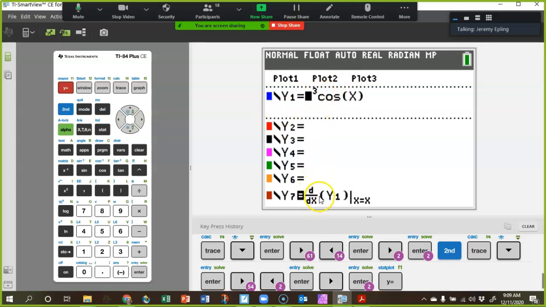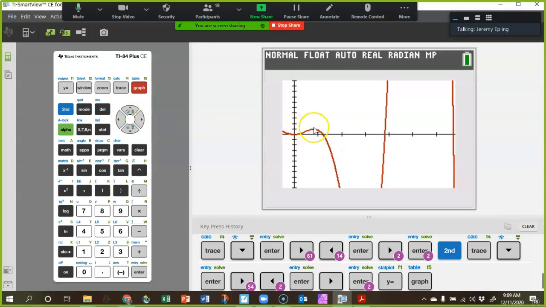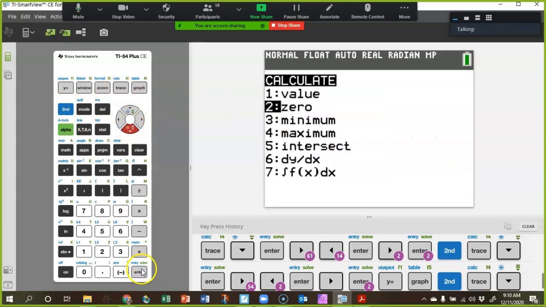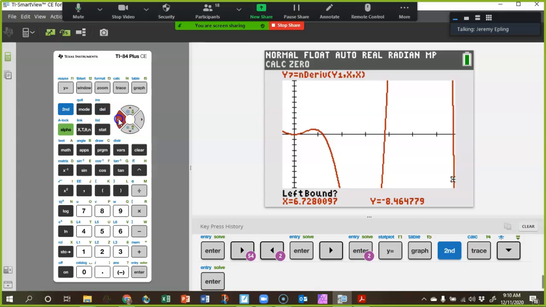I just went ahead and graphed my derivative of x cubed cosine x. And I want to find these little x-intercepts. Now I've graphed here from negative a half to 2 pi plus a half. And this last x-intercept out here on the end, I will need to know what that is to know if it fits between 0 and 2 pi. But I'm just going to calculate my zeros.